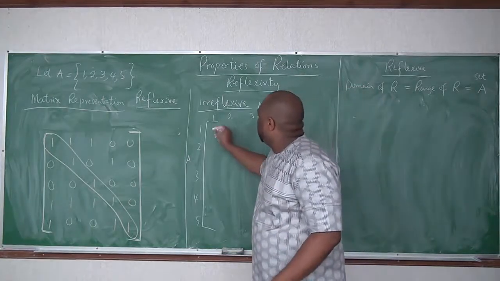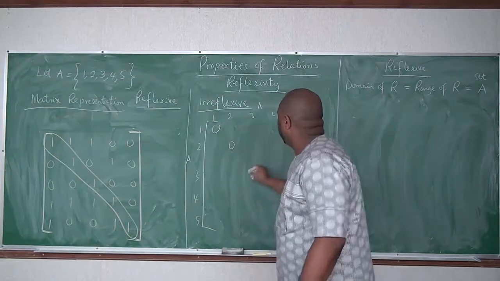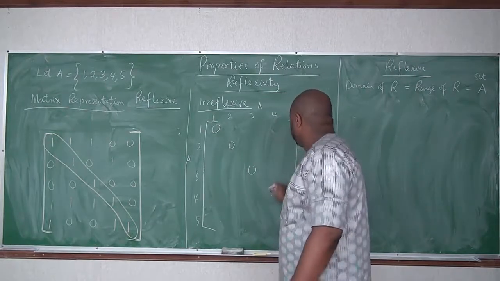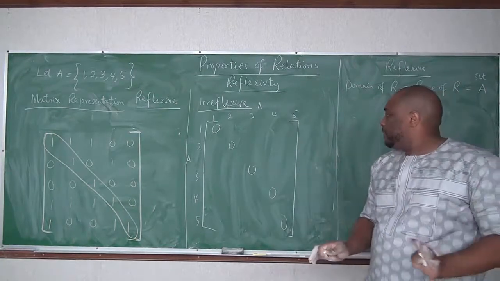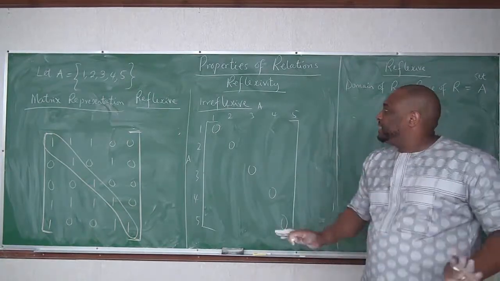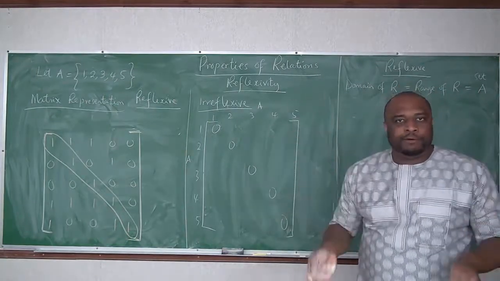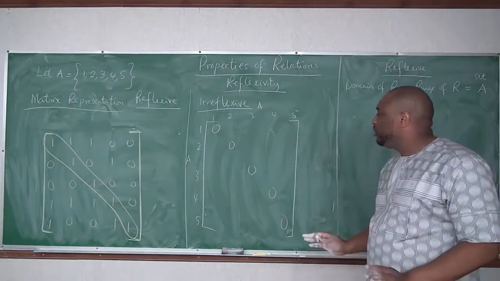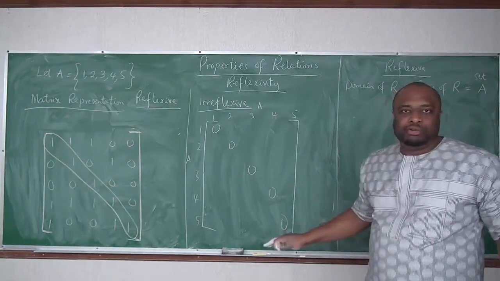So 1, 1, this is 0, 2, 2, 0, 3, 3, 0, 4, 4, 0, 5, 5, 0. Irreflexive. There is no 1, 1, no 2, 2, no 3, 3, no 4, 4, no 5, 5. So the principal diagonal elements are all zeros.